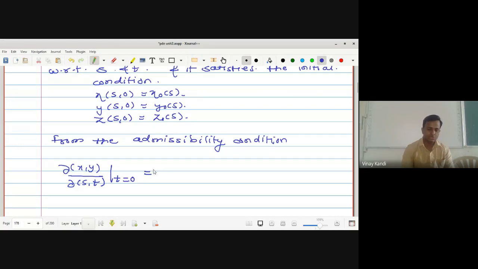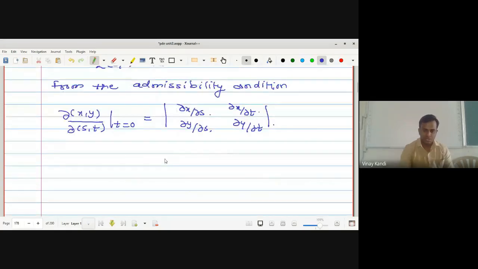What do we have then? The Jacobian: dou x by dou s, dou x by dou t, dou y by dou s, and dou y by dou t. That is equal to xs, xt, ys, and yt.